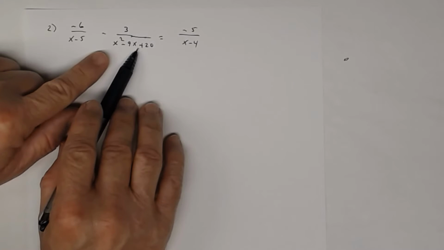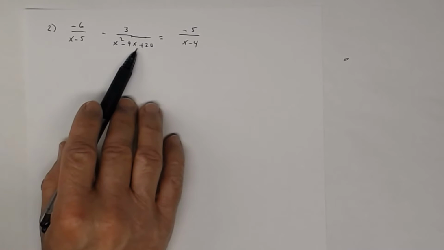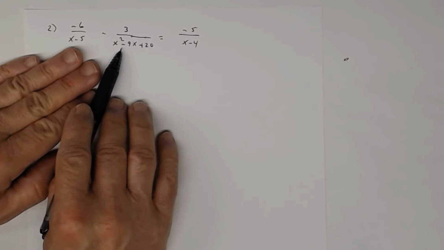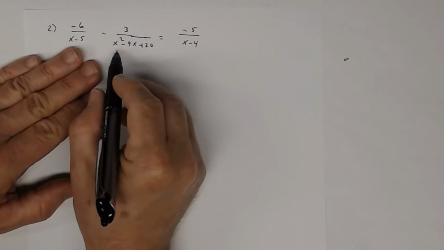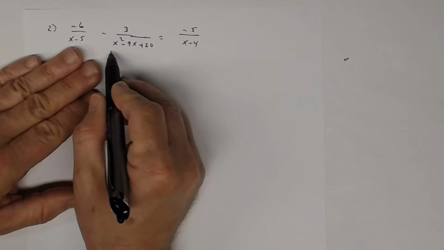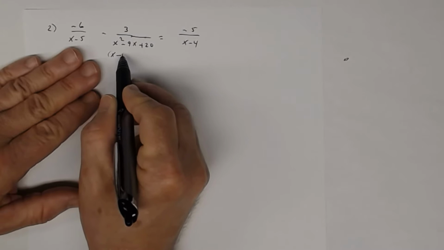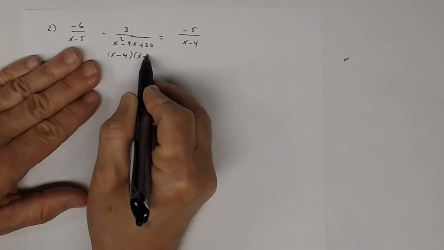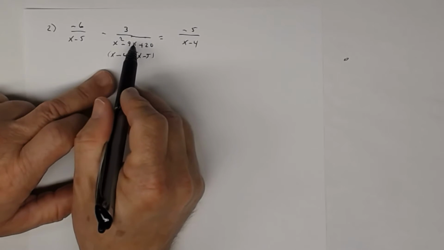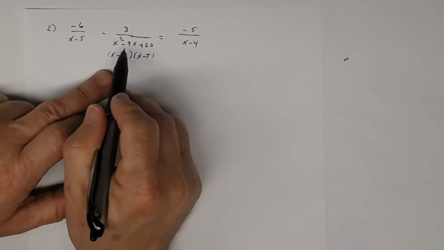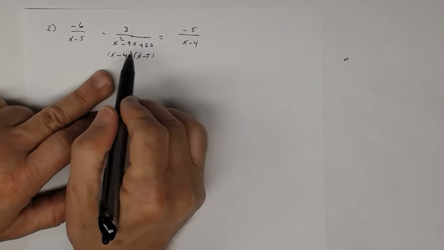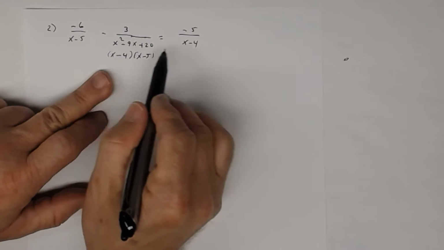I can factor this. So in last semester, you took a course where a whole chapter was spent on factoring, and then subsequent chapters involved factoring as well. So we have x minus 4 times x minus 5, and that's going to give us this right here. Notice that when you try to factor these denominators, always see, for instance, see this right here, when I factor, the factors are listed here as well.